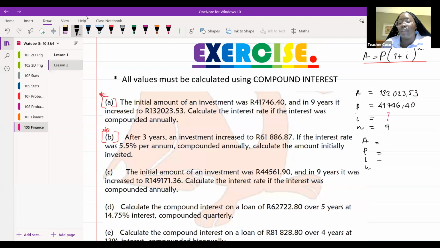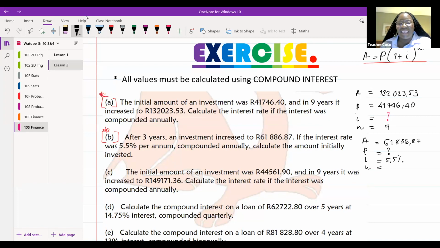All right, what do we have? Okay, if we look at A, we have 61,886.87. Good. What else do we have? We are looking for P. Good. We have a value I, 5.5, which is 0.055. Good. It's just 5.5, not 55.5, so be very careful.